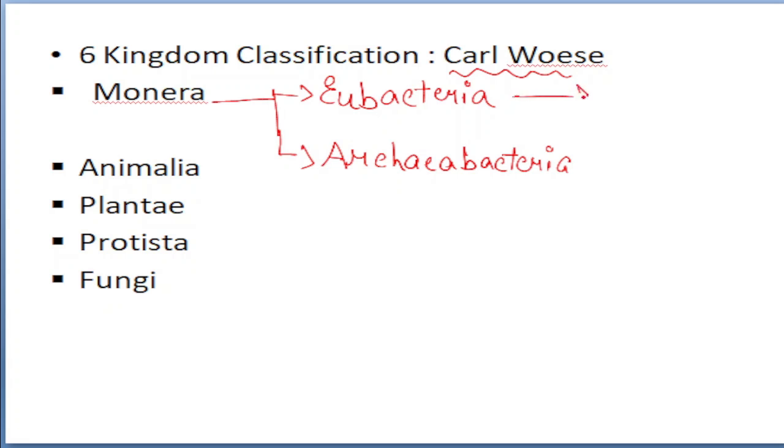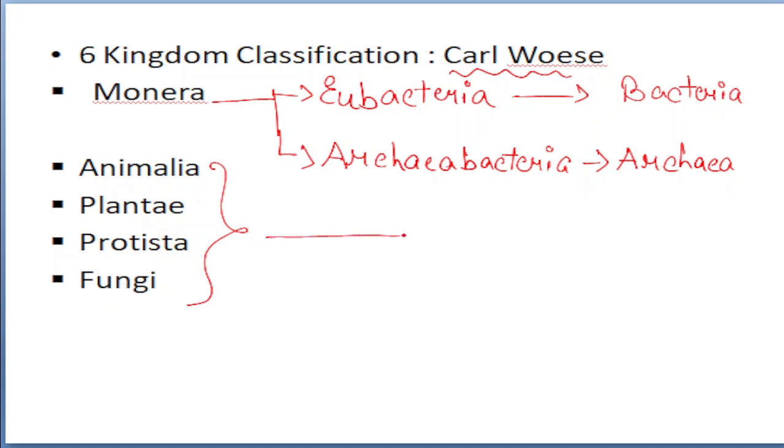From the Eubacteria there is a domain called Bacteria, while from the Archaebacteria there was a domain called Archaea, and the remaining kingdoms Animalia, Plantae, Protista and Fungi were included into the domain called Eukarya.